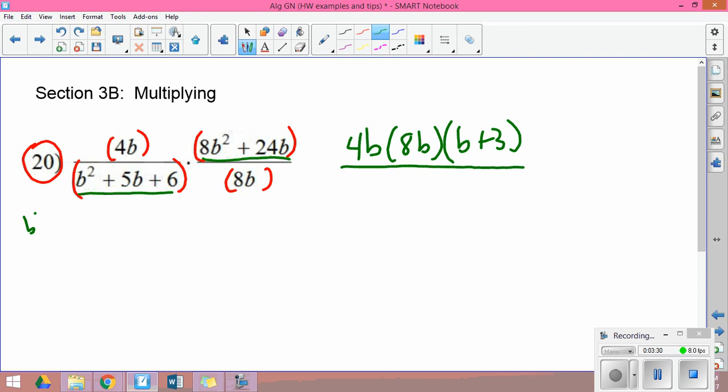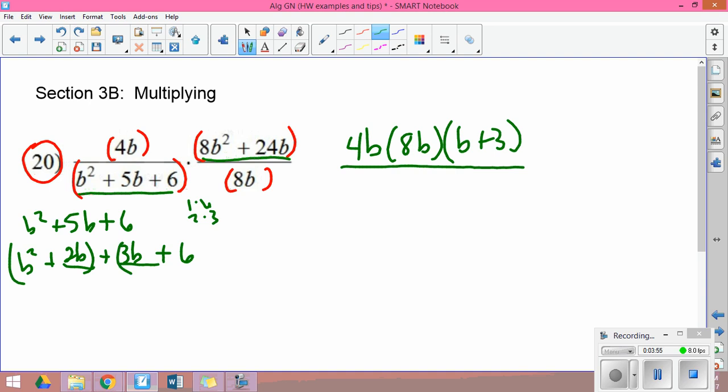So to factor b squared plus 5b plus 6, I need to change that into b squared plus something plus 6, that grouping idea. Factors of 6 are going to be 1 and 6, 2 and 3. The only way to make a positive 5 with those numbers is to have a positive 2b and a positive 3b.